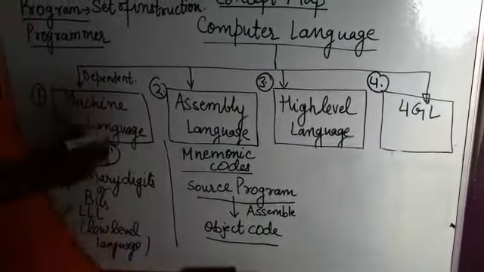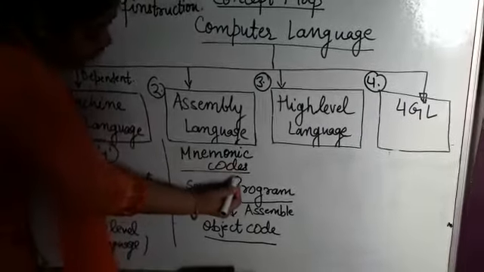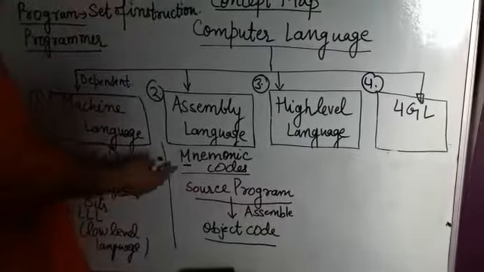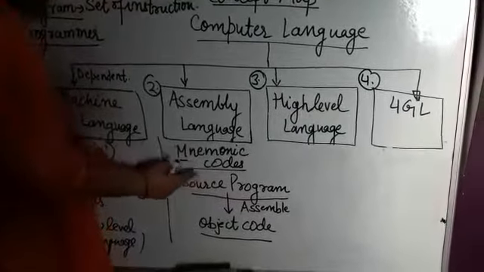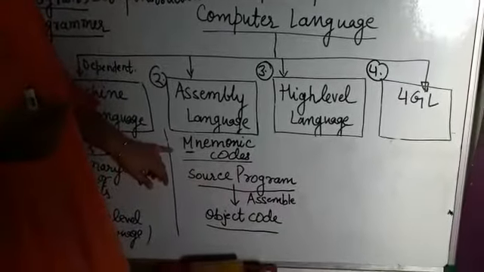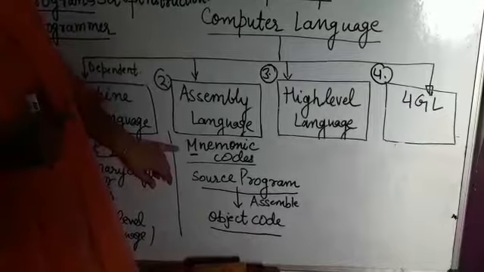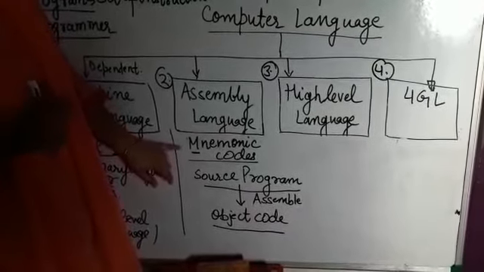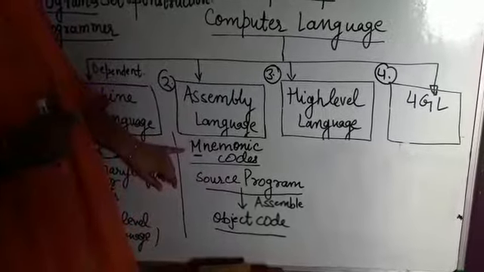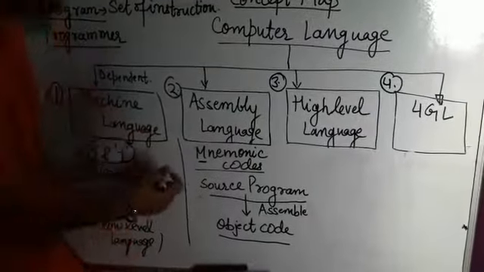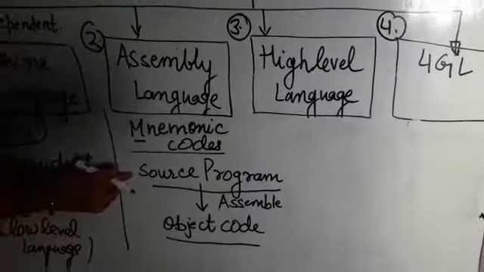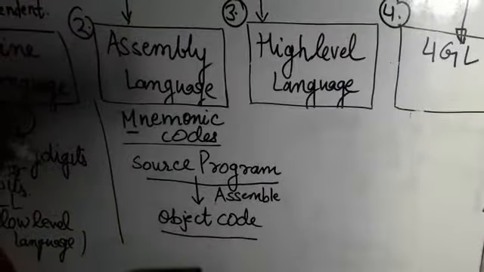The codes were known as mnemonic codes. M will be silent here. It is pronounced as mnemonic codes. So instead of writing and converting into 0 and 1, programmers developed mnemonic codes. And when the program is written using mnemonic codes, that program is known as source program.